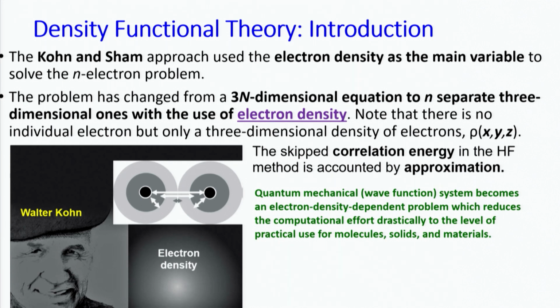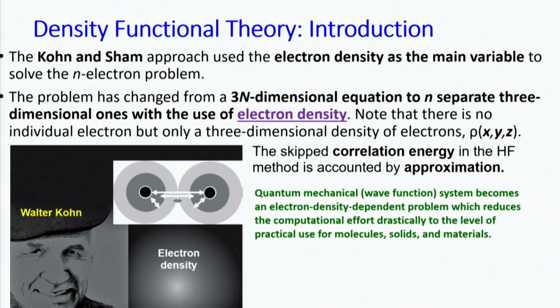Each electron has x, y, z coordinates, so n electrons will have 3n coordinates. So the total wave function is a function of 3n variables. But in density functional theory, we consider that the energy can be written as a single function of only x, y, z of the total system. So it has only 3 variables.